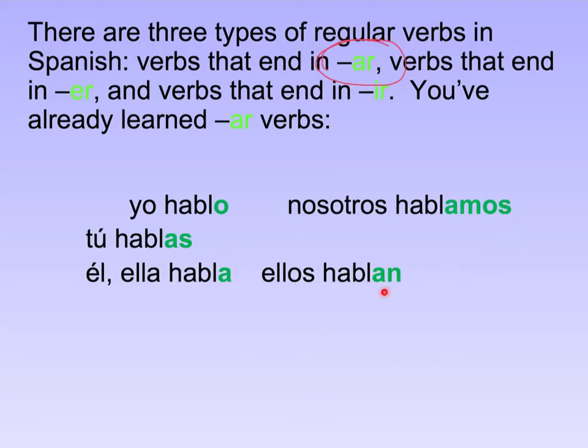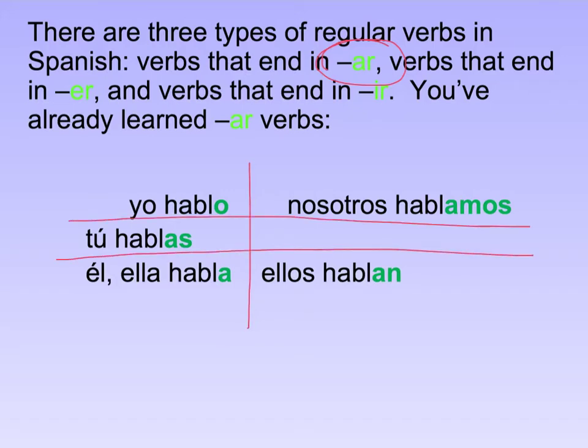Hopefully that rings a bell and you'll remember our verb charts that we've done in class, with 3 boxes and 3 boxes on the other side. So, yo hablo, tú hablas, él, ella, usted habla, nosotros hablamos, ellos hablan.